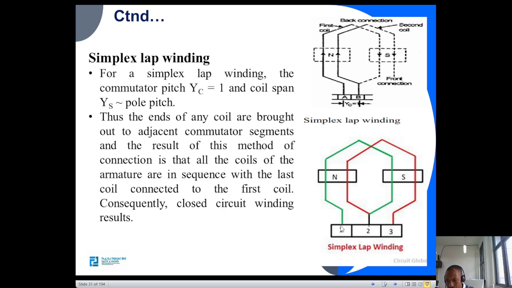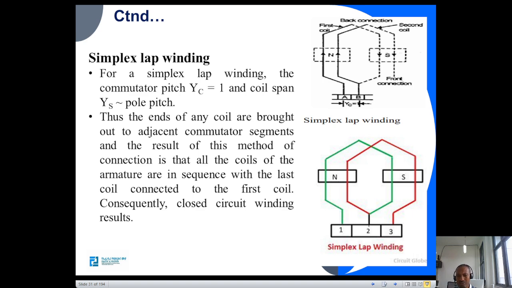In this case, from the starting of the coil on the first segment to the end of the second segment, the second coil side, we call it the commutator pitch. So in this simplex lap winding type, commutator pitch is equivalent to 1, and the coil pitch is equivalent to pole pitch.